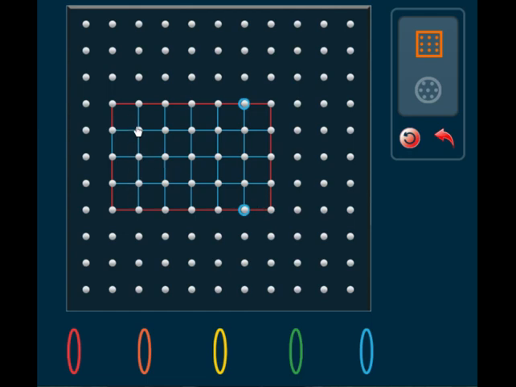There's 4. 1, 2, 3, 4. 6 columns of 4. Boys and girls, if you haven't used the geoboard yet, you can go there and use the color tiles or the geoboard.